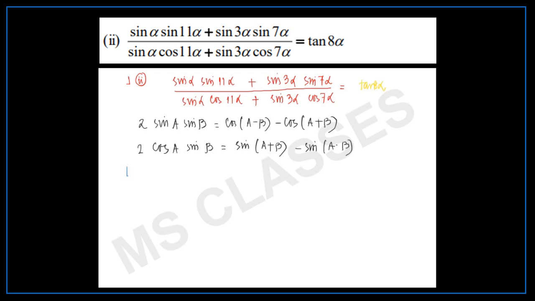We start from LHS. We multiply numerator and denominator by 2 because if we compare with the formula, a 2 is missing.